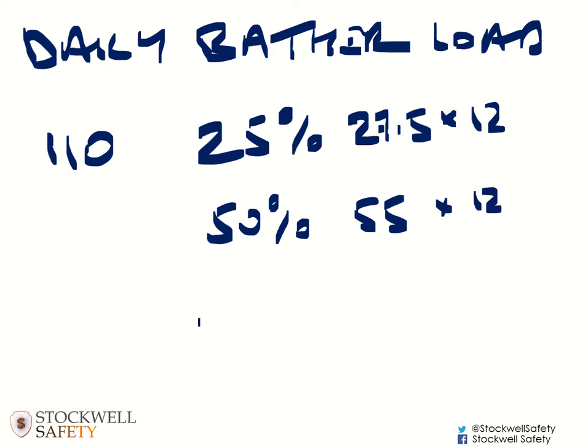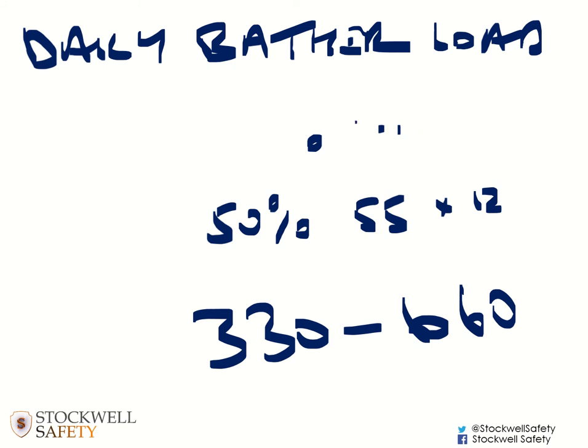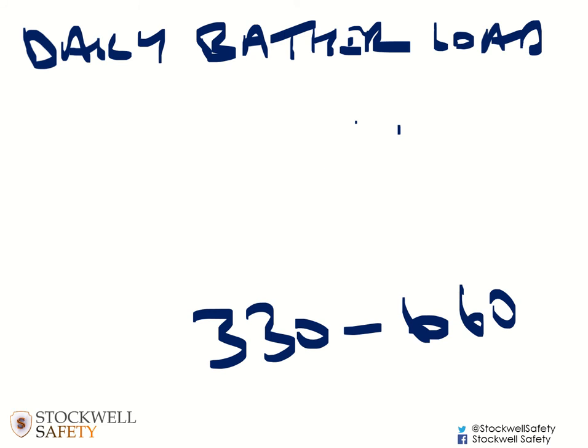So that means that our daily bathing load is 330 to 660 bathers. So what you would need to do is make sure that your daily bathing load doesn't go beyond this range.